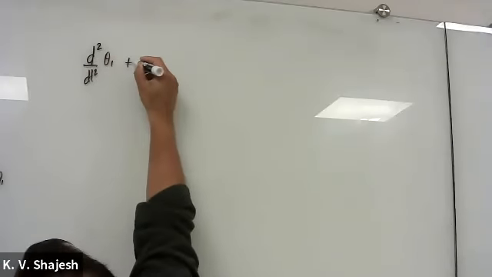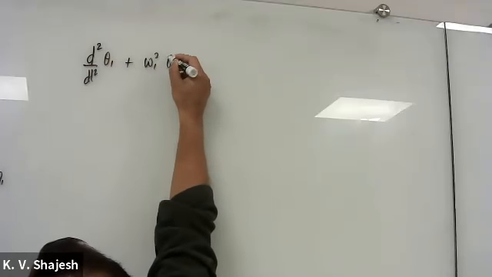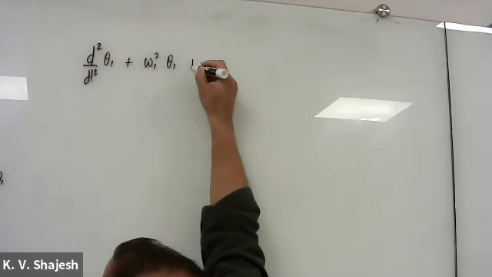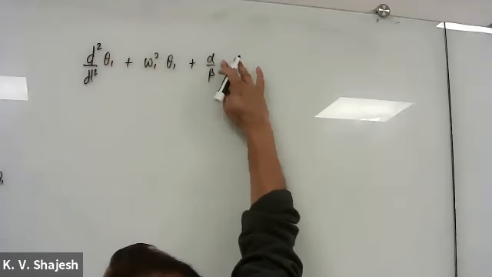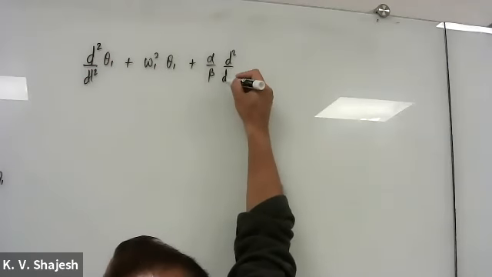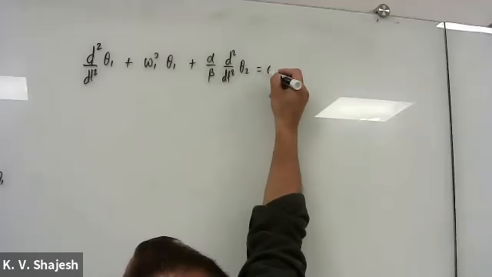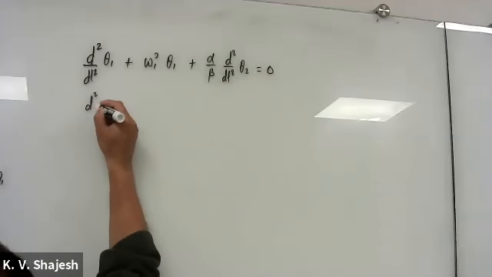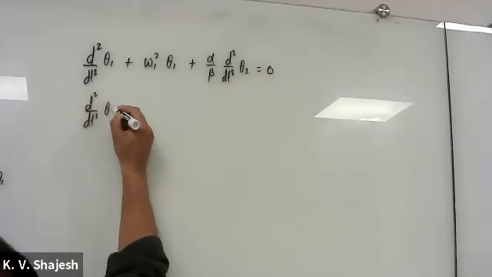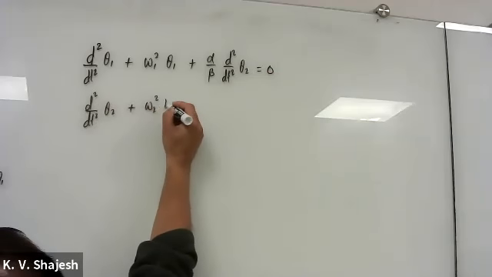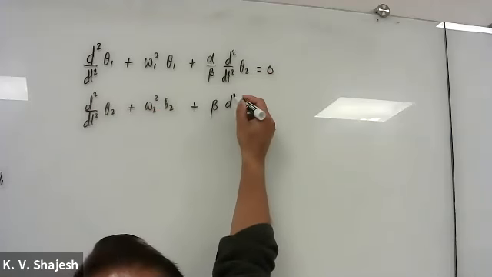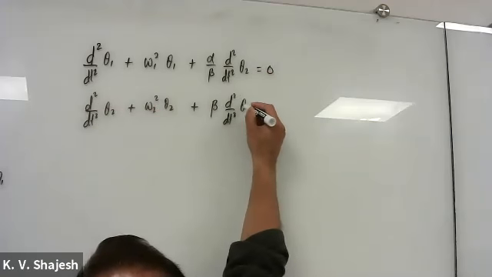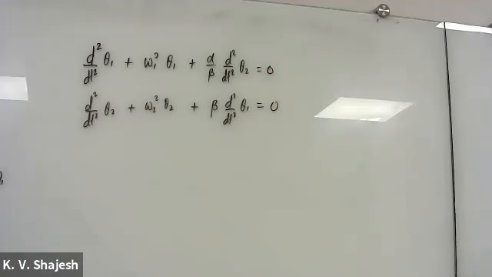Again, to make it very explicit, this is what the equation represents: the second derivative with respect to time of theta 2 plus theta 2 plus theta 1 is equal to 0. That's two coupled differential equations.